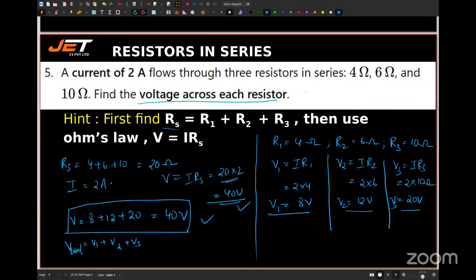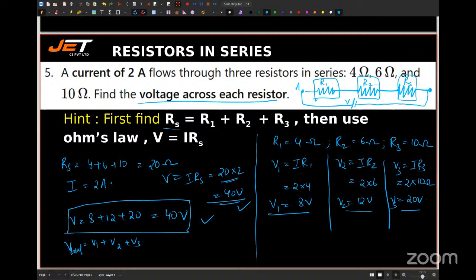Let's say this is point A, and the three resistors are connected like this to a voltage source, some V. This is R1, this is R2, and this is R3. They are asking voltage across each resistor, so we need to find the voltage at R1, at R2, and at R3.